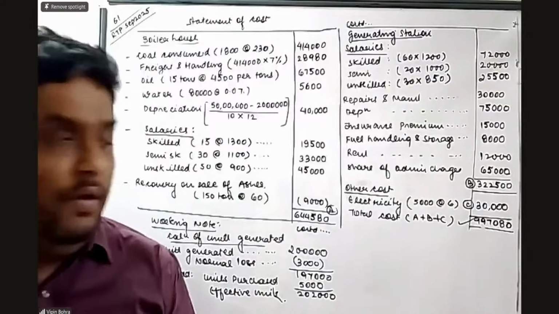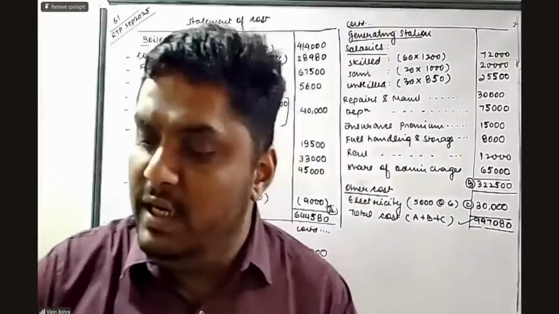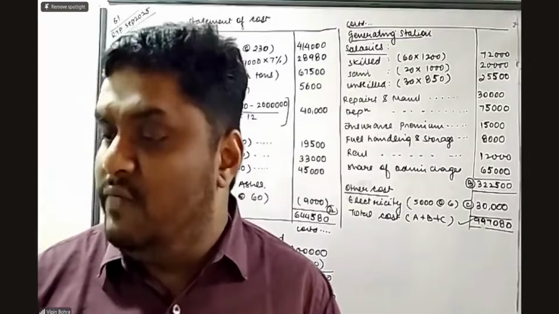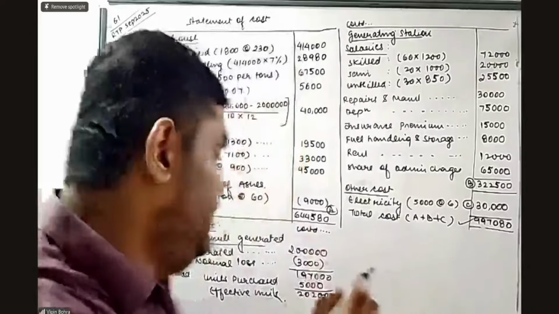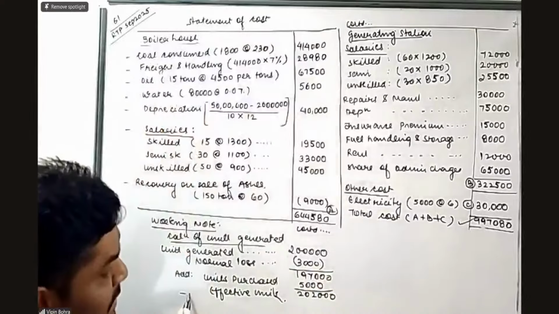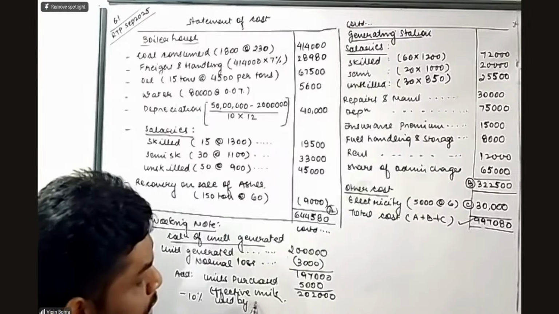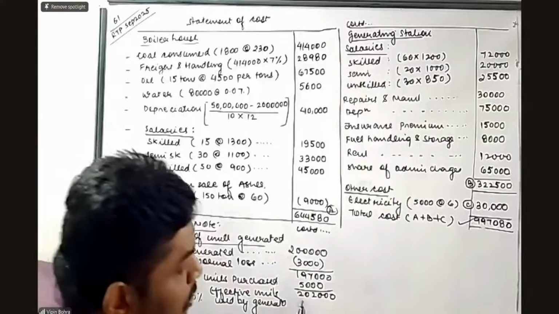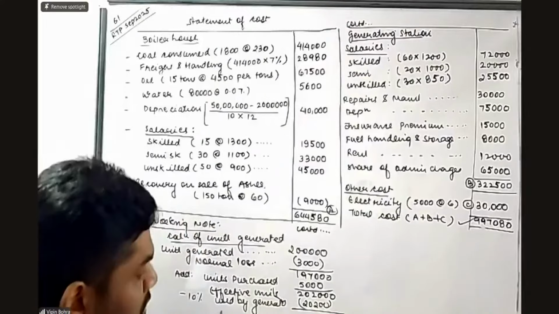These are the effective units that are generated. Minus 10% is used internally by the generator. It is given in the question that 10% of the effective units generated are used internally by the generator department itself. So minus 10% used by the department, so net units.